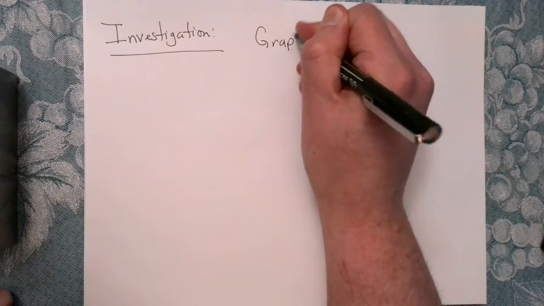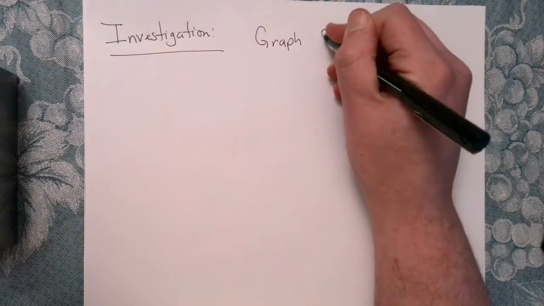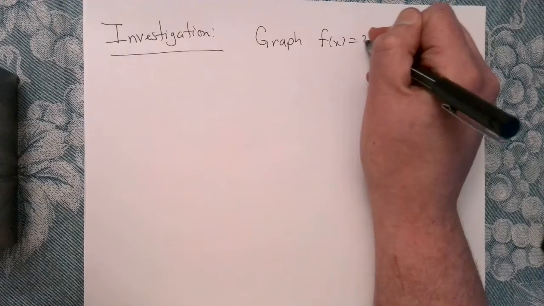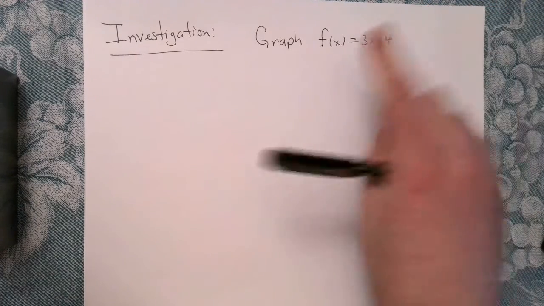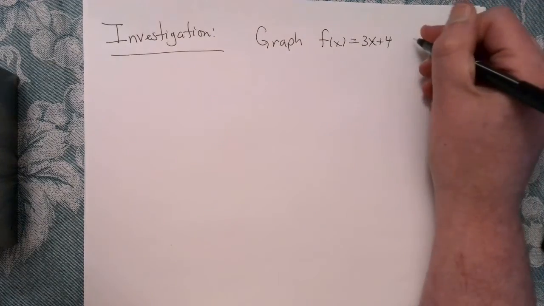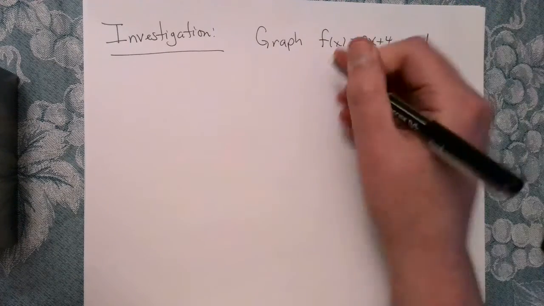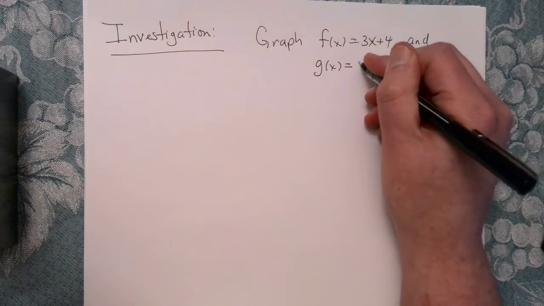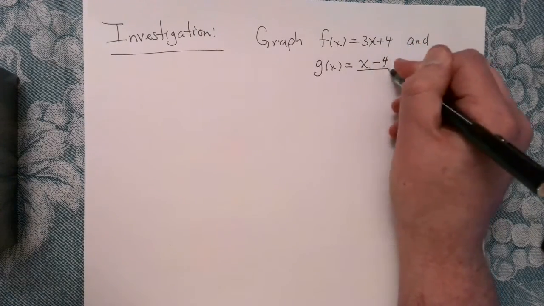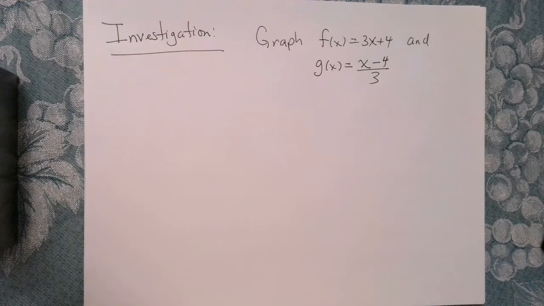These are just two lines. So let's graph f of x equals 3x plus 4. Remember, that's the same thing as y equals 3x plus 4, which should remind you of a line in y equals mx plus b form. And let's also graph g of x equals (x minus 4) over 3. I'll be able to see pretty quickly that these two graphs are inverses of each other.